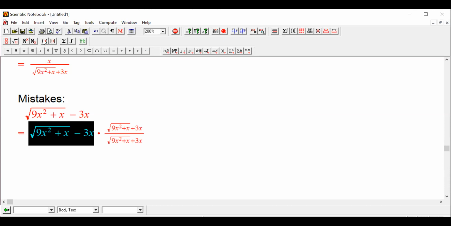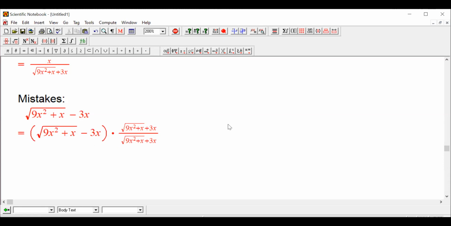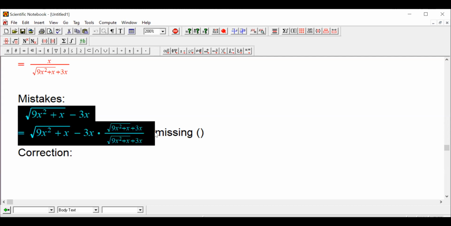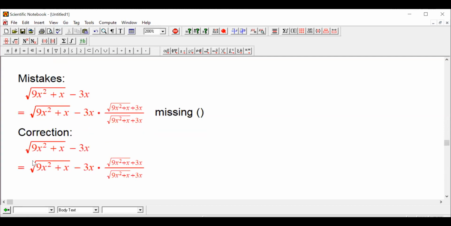You need parentheses. If you don't have the parentheses, it's a mistake. That's missing parentheses. The parentheses are necessary. So the correction would be that you need to insert parentheses.